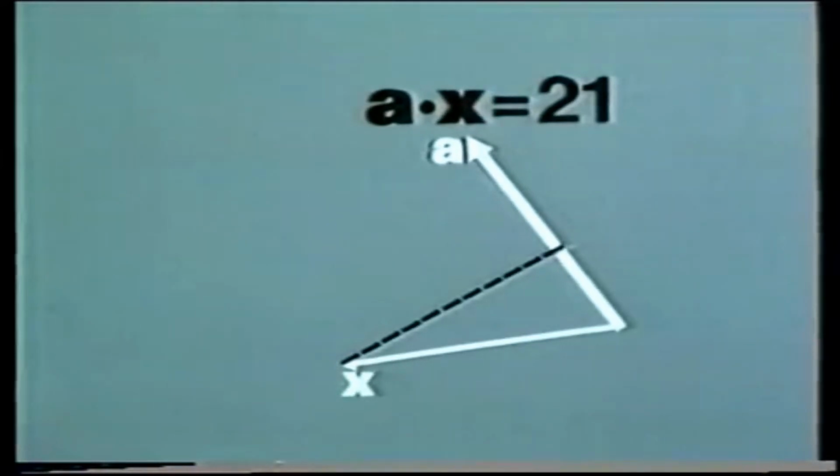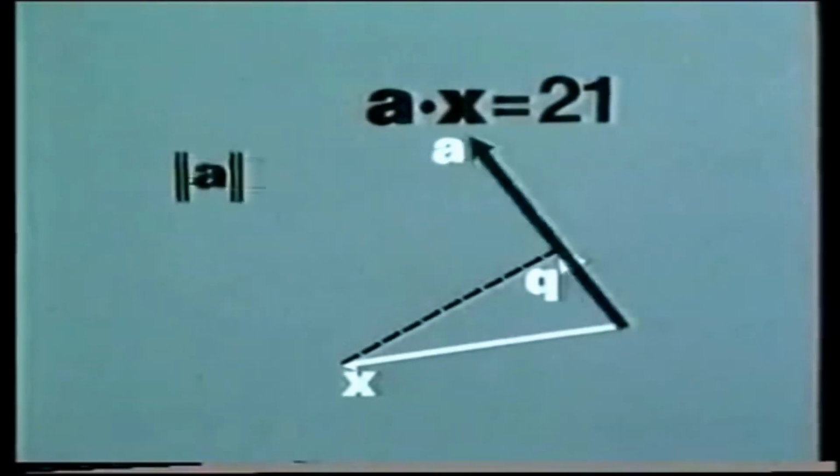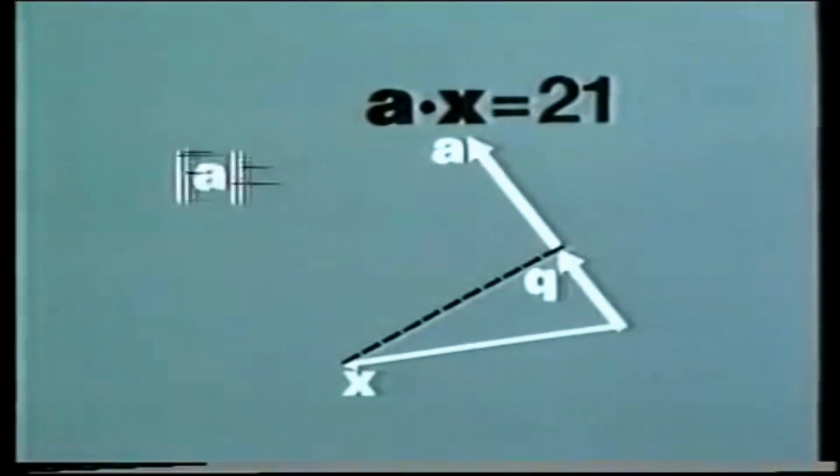You see, the projection of x onto A is a vector q. So a dot x is the length of A times the length of q. But remember, a dot x is 21. So the length of A times the length of q is 21.